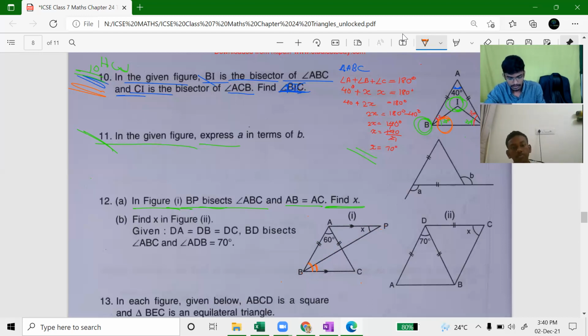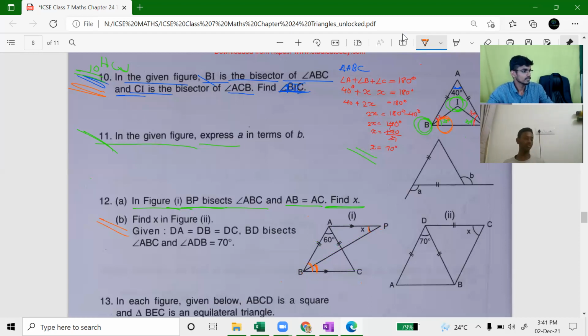This angle is equal to this angle because it is a Z-shape angle. Any doubt till here? No, sir. 100%. Okay.